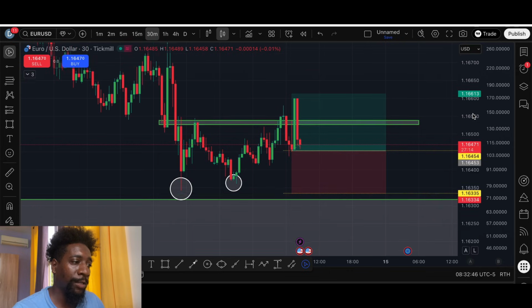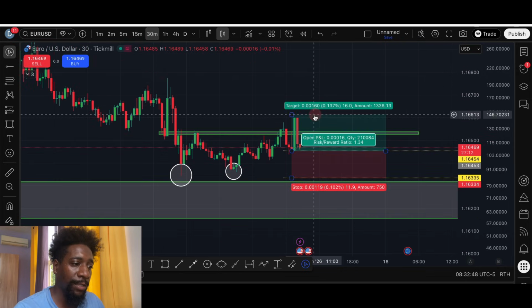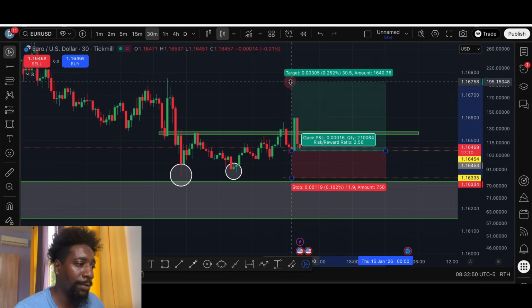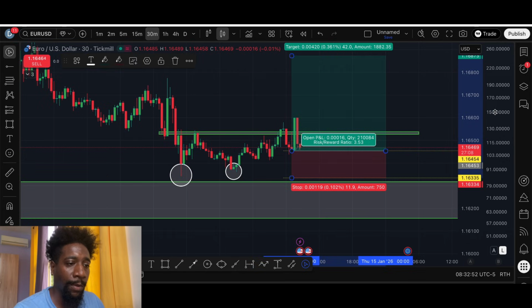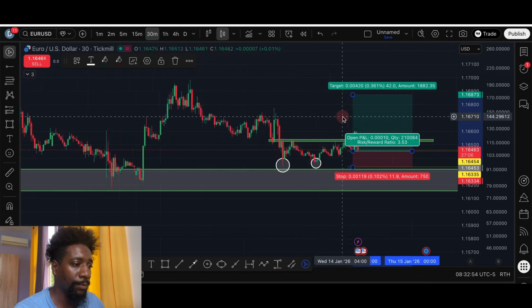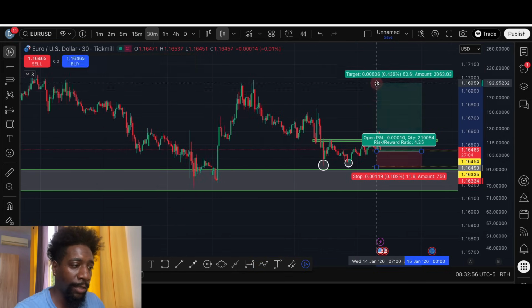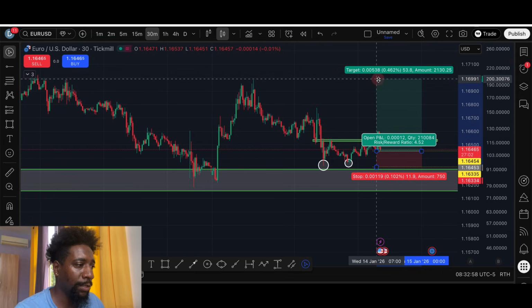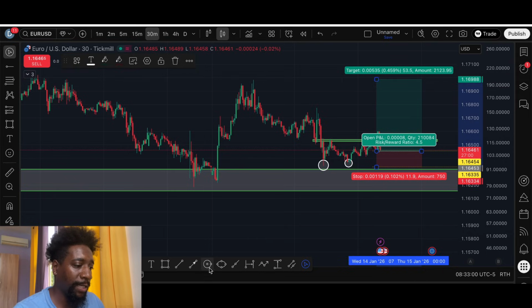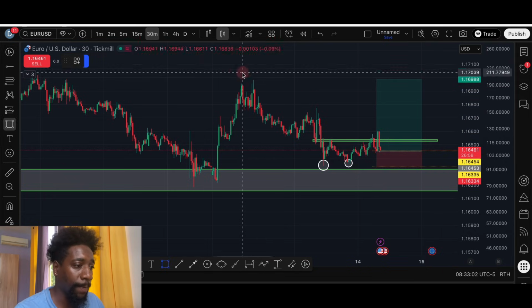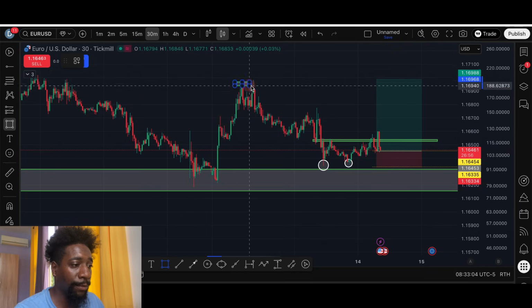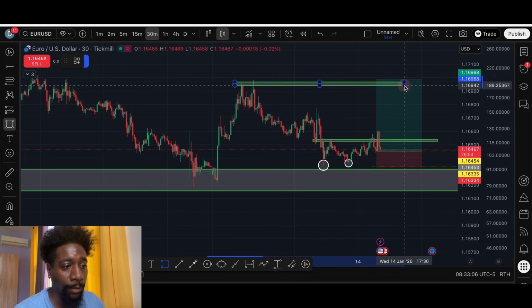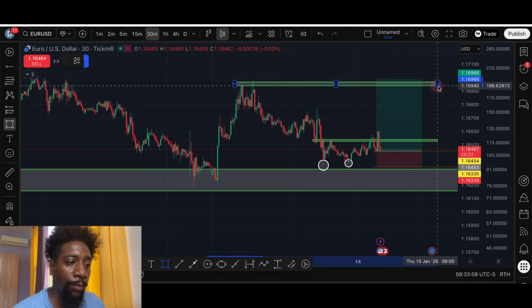Then I look for another support / resistance. So I will drag this all the way up to this area here. So this would be my take profit 3. So I will look for price to come up here, and this is probably, I will hold it all week, right?